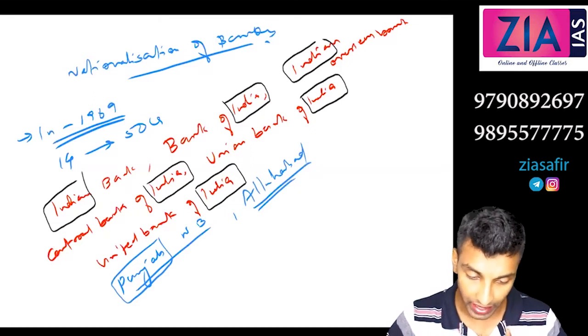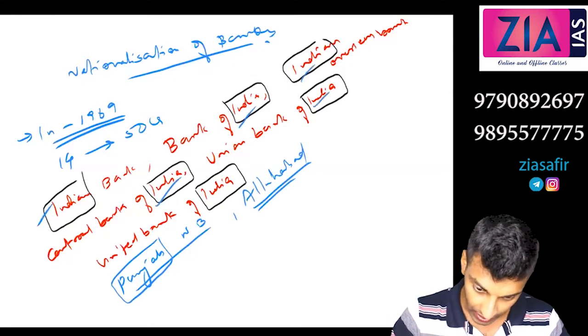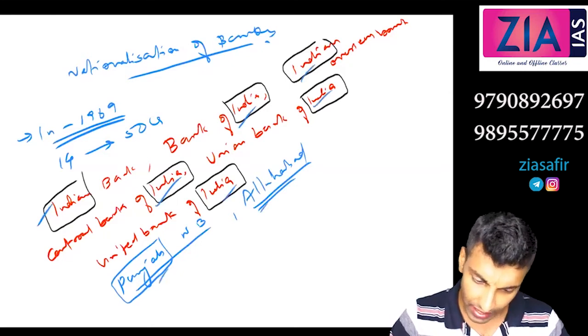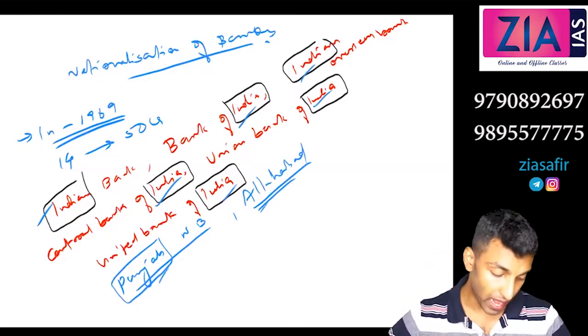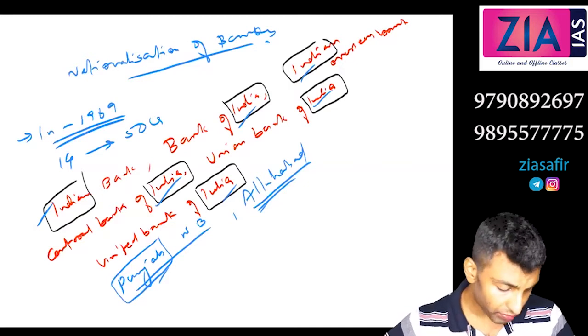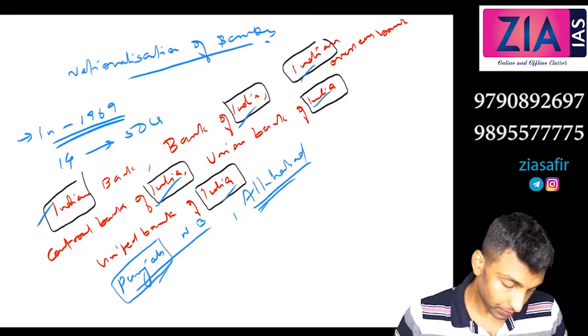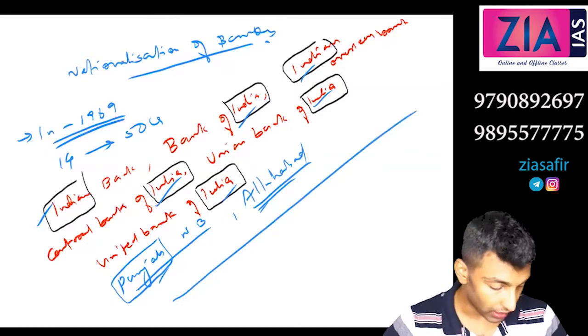All are pan-India, but you can understand easily all these names are attached with a region. So Allahabad Bank, then Bank of Baroda, Bank of Maharashtra. So these are the 4 banks which are associated with a particular region.